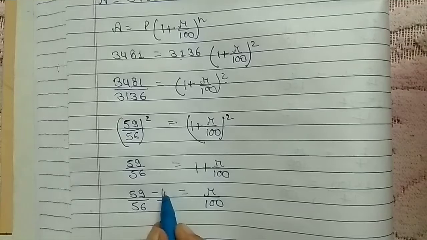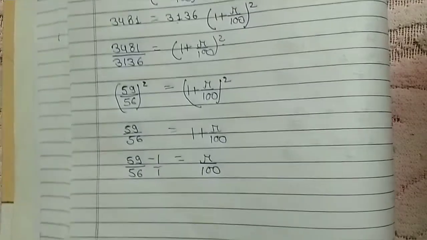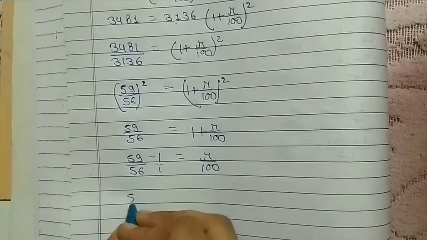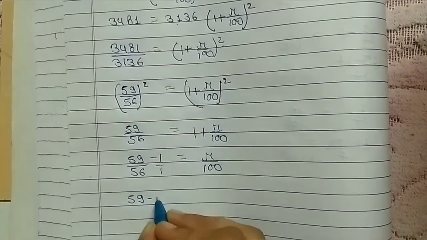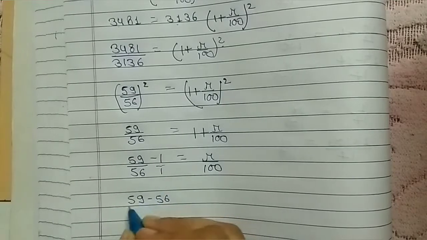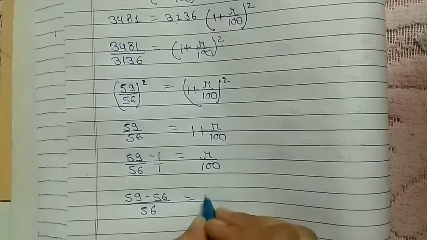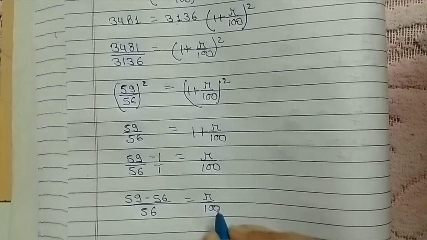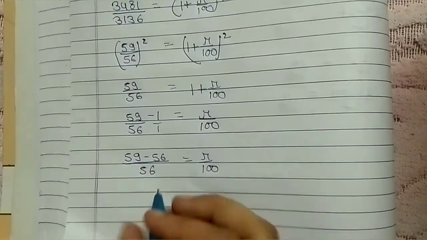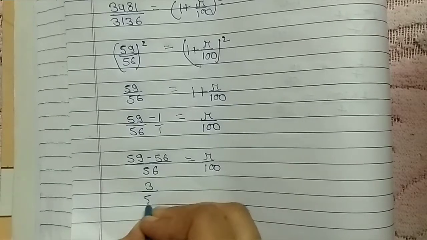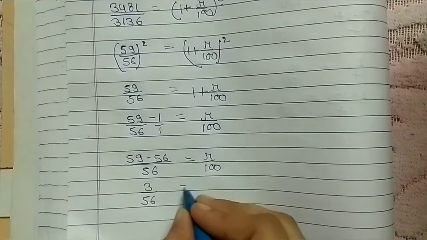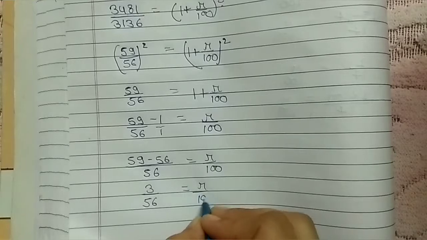And here it will also be multiplied by 56. It will become 59 minus 56 upon 56 equal to R upon 100. We will get 3 upon 56 equal to R upon 100.